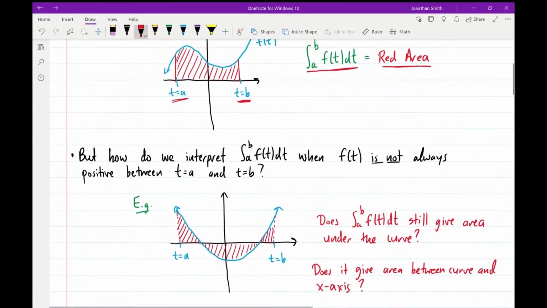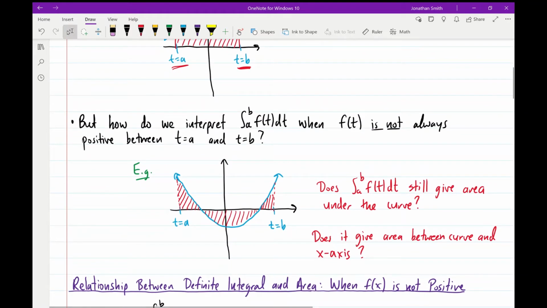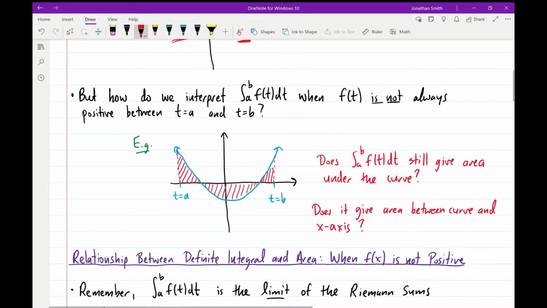But we should ask the question, how do we interpret this definite integral from a to b of f of t when f of t is not always positive between t equals a and t equals b? So for example, let's say that my new function f of t is this blue function, and at parts of this function, f of t is going to be above the x-axis, but at other parts, like in the middle here, f of t is going to be below the x-axis.